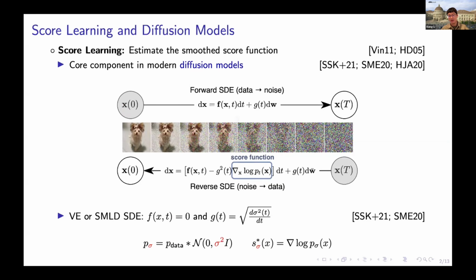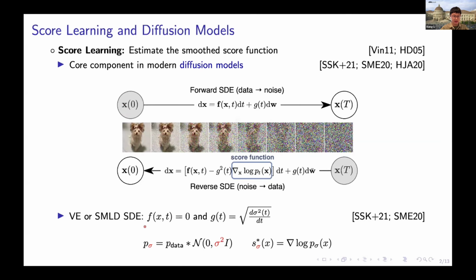In diffusion models, we progressively add noise to the image, and after some time t, we have injected noise with covariance sigma squared, and we obtain a distribution p sigma at time t.